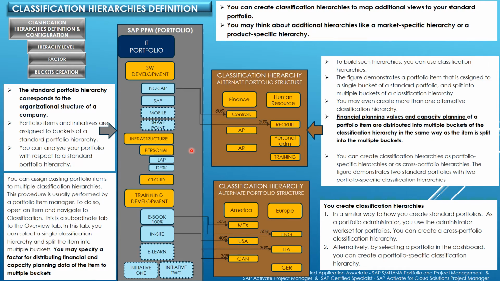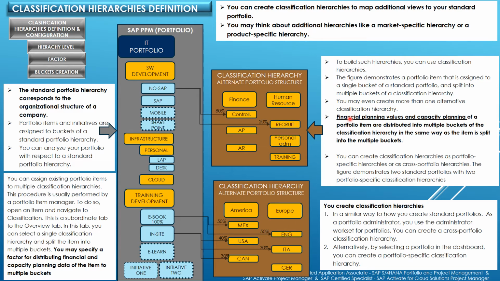But as you can see here in the middle of the slide, we can subdivide the items in different classification hierarchies. For example, for this item, the financial planning values are subdivided 80% to this bucket of this classification hierarchy and 20% to this other bucket of this classification hierarchy. And as well, these two items are subdivided into those classification hierarchies.